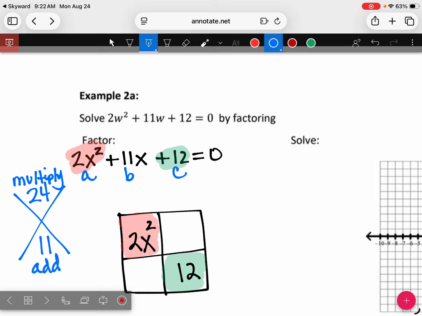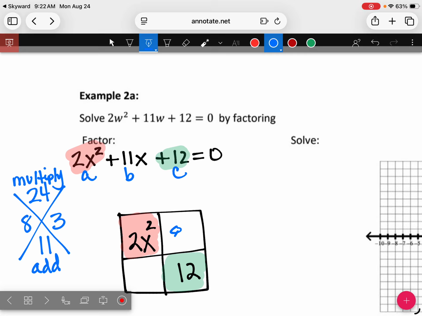Anybody know my numbers? Antonia? 8 and 3. So let's check it out. 8 times 3 is 24. 8 plus 3 is 11.